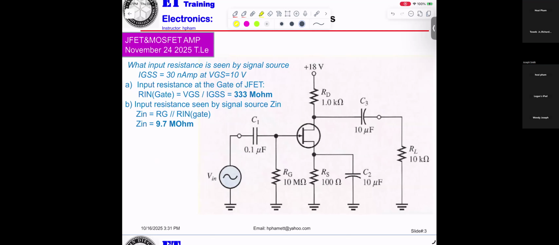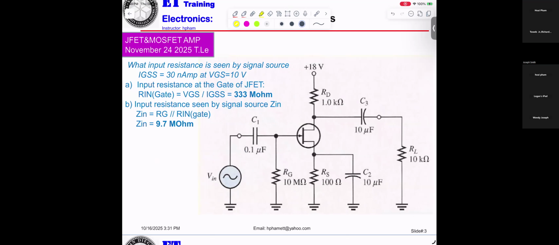Let's see. What input resistance is seen by signal source? IGSS equal 30 nanoamp at VGS 10 volt. Okay.